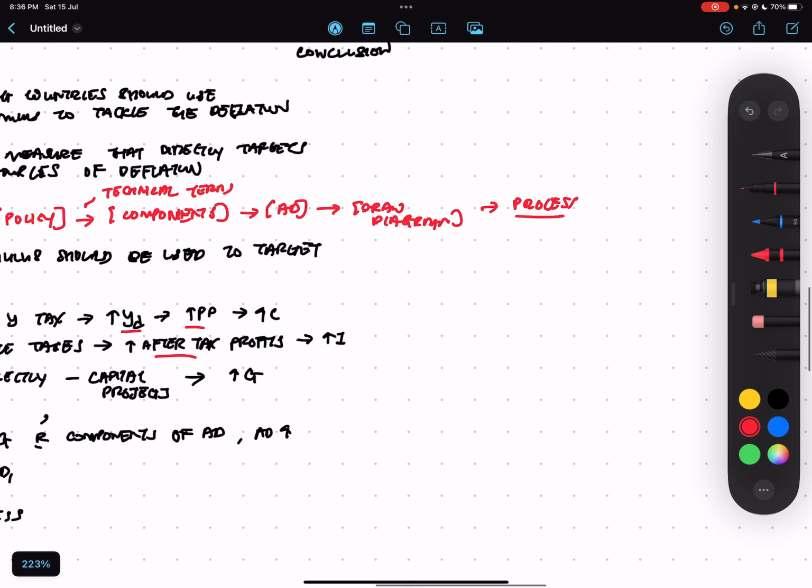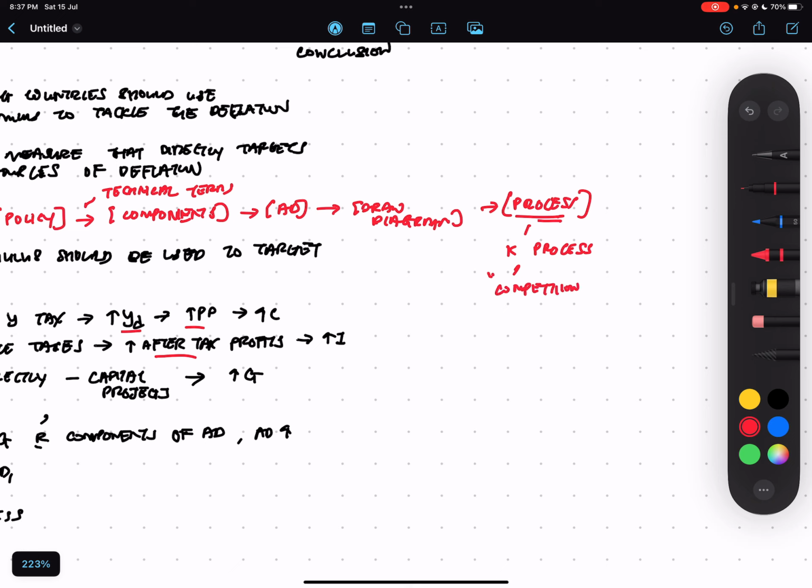Okay. So our process here is that we want to solve deflation, but we will solve deflation through also the multiplier process. Okay, so there are two things. One is we're going to talk about the multiplier process, okay, because there will be cycles of spending and respending. And then in addition, we're going to also bring in how there will be more competition for scarce resources.